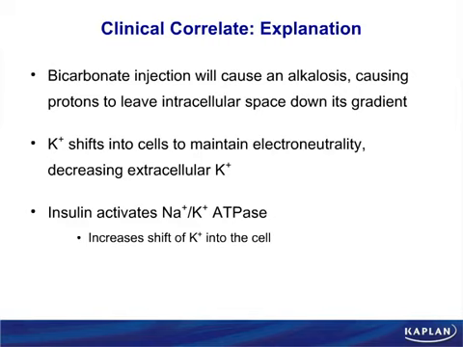And that will cause a shift of potassium from the extracellular space to the intracellular space in order to maintain electron neutrality. So that will rapidly push potassium inside cells. And that's how we treat hyperkalemia. We give bicarbonate, we create an alkalosis.